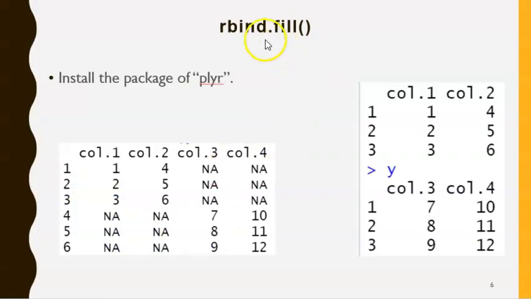Another thing we want to discuss is the rbind.fill command. Rbind.fill is not in the core package of R. You need to install the package plyr, and it's very helpful because it considers the names of columns in combining the data frames.